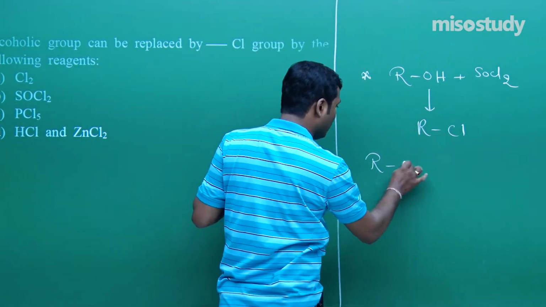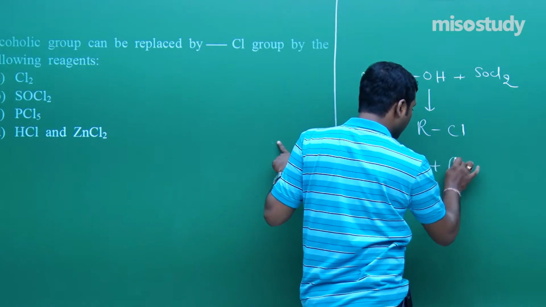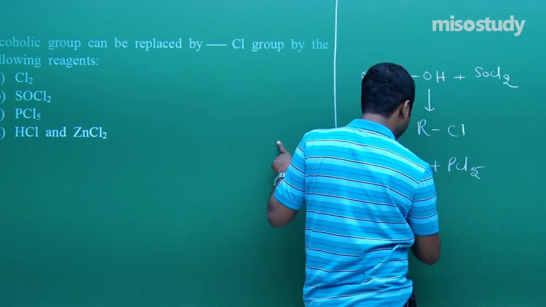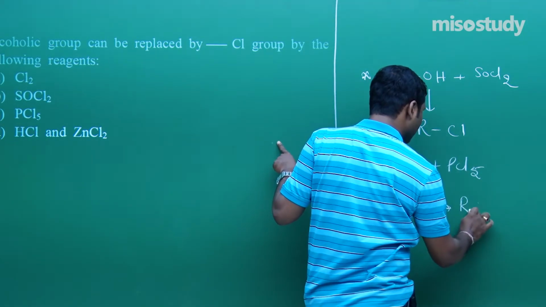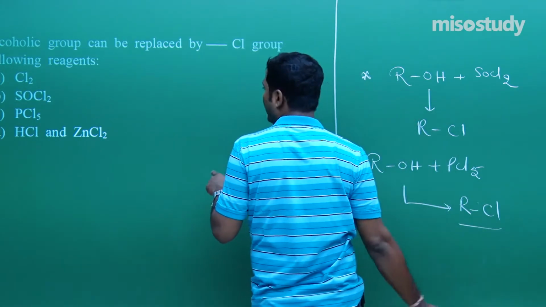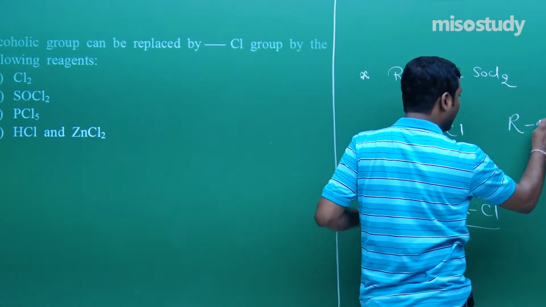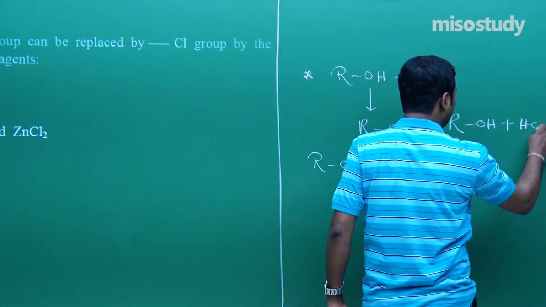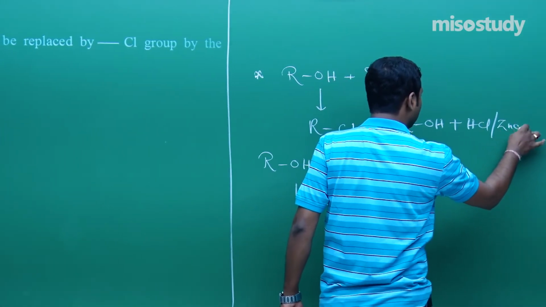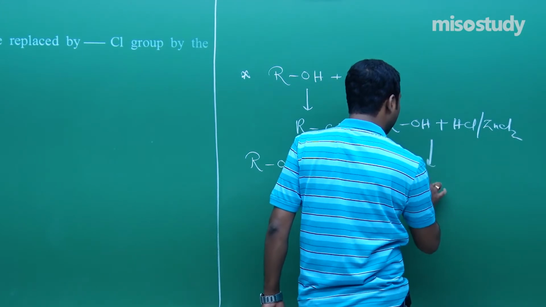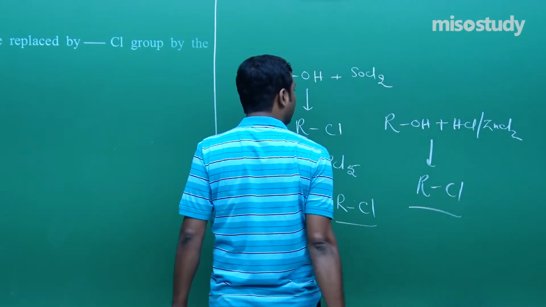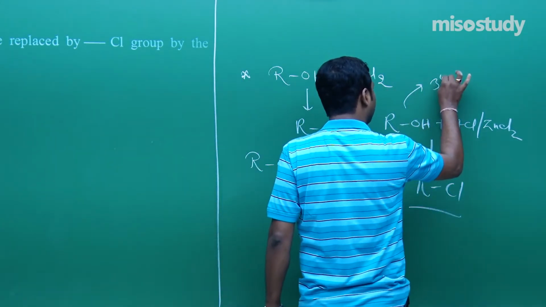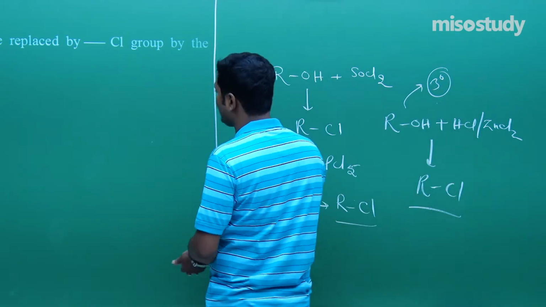When ROH is treated with PCl5, it also gives RCl. When the alcoholic group ROH is treated with HCl and ZnCl2, that is the Lucas reagent, it also gives RCl. As I told you earlier, 3-degree alcohol reacts best in the Lucas test.